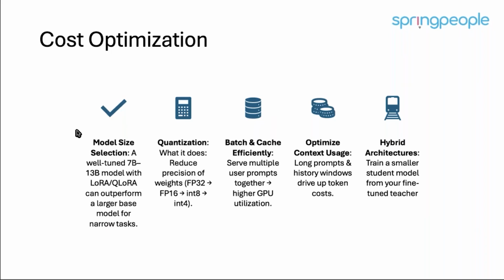And then how do you bring in caching, how you can batch your things together. So that's another aspect of bringing in cost optimization. And then the context window size, right? The larger the context window size, the costlier it is, but it is more accurate in those kinds of situations. So these are the other considerations.